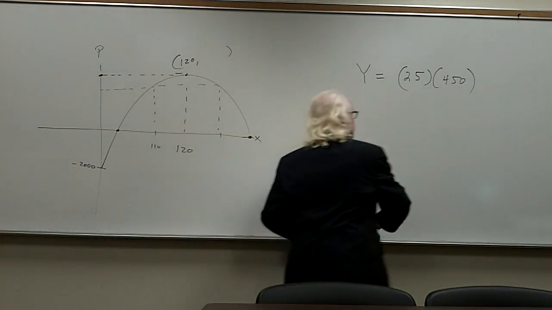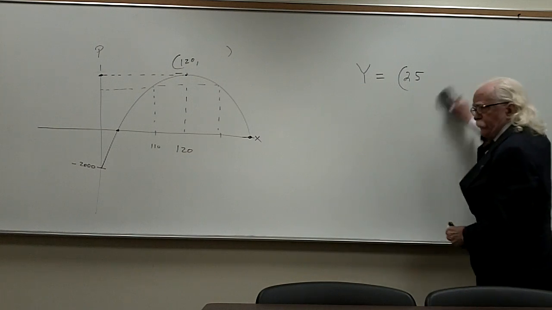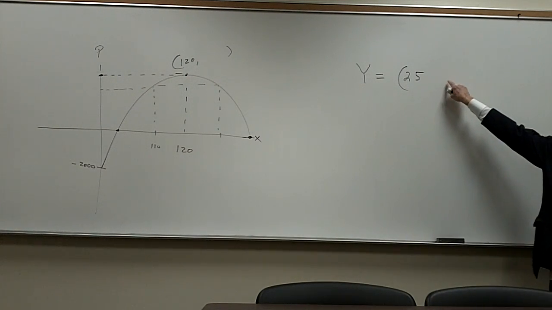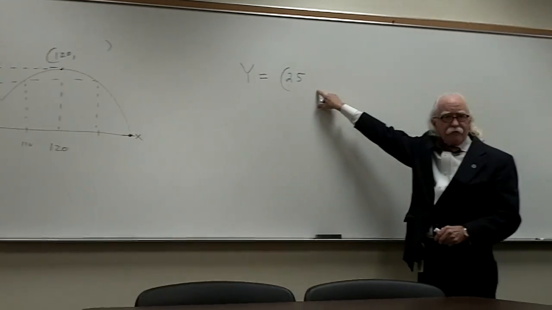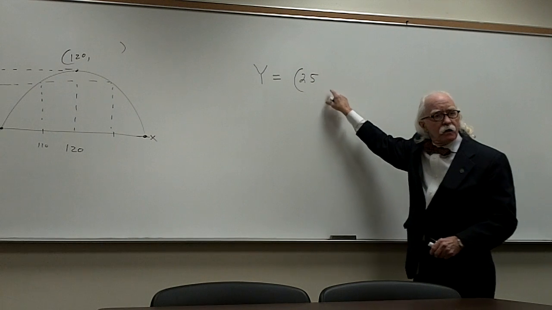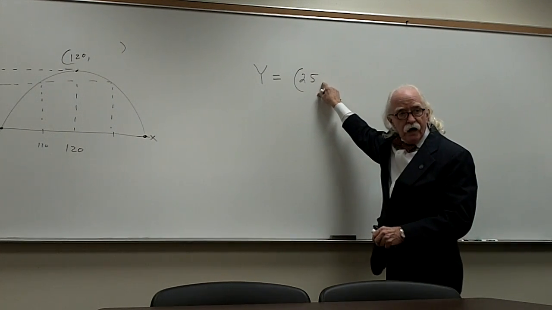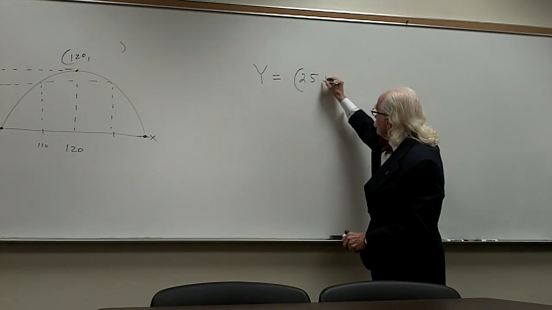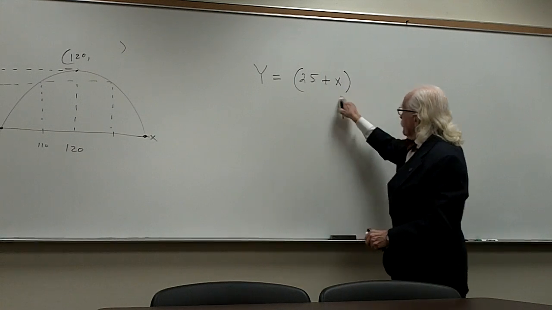How do you know that for a fact? Well, because you've got to build yourself an equation that fits this problem. You got 25 trees down, right? So you're going to ask yourself, I'm going to plant this many more trees.